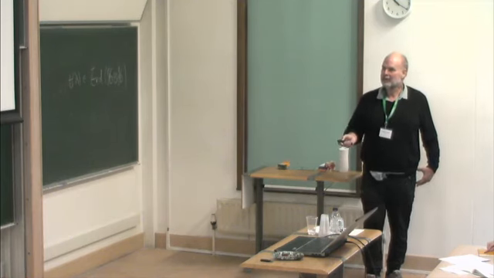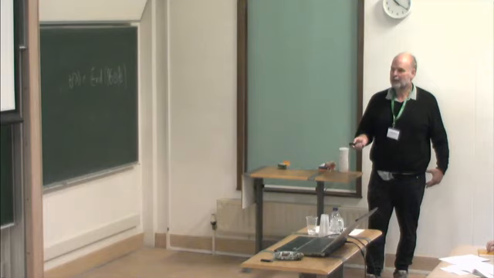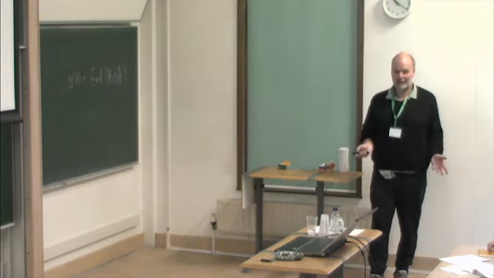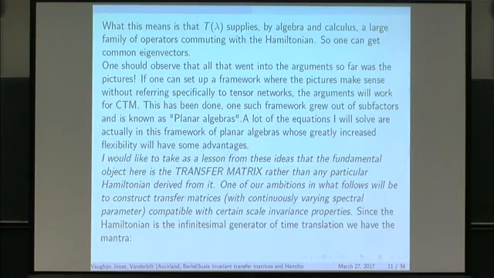One of our ambitions in what follows will be to construct transfer matrices with continuously varying spectral parameters, and this is very important. In order to do calculus, you need to be able to let the parameter vary. You know, these people who do knot theory and think they've done something when they've got a braid, well, that just doesn't cut it at all. Compatible with certain scale invariance properties. And here's the big one.